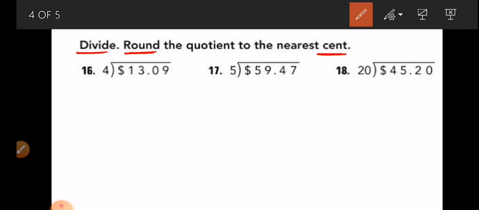What does the nearest cent mean? In our numbers, where is the place value for the cent? The hundredths place. What does the hundredths place mean? The second place to the right of the decimal. This is the hundredths place, which is the cent. I will show you now how we will round. But first, we will start to make the division.